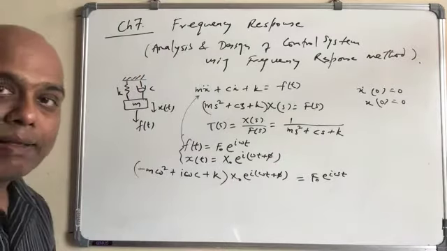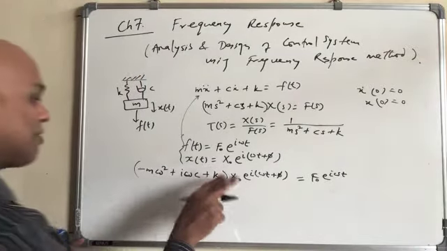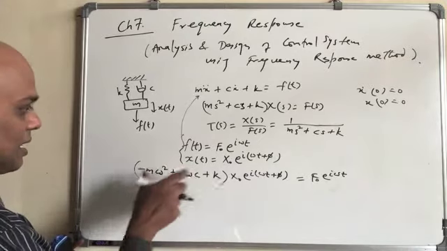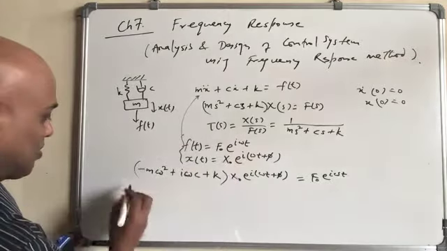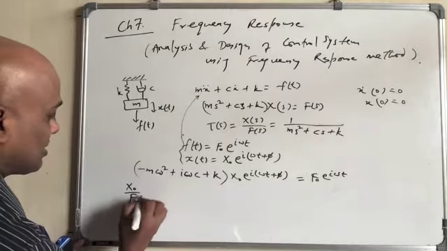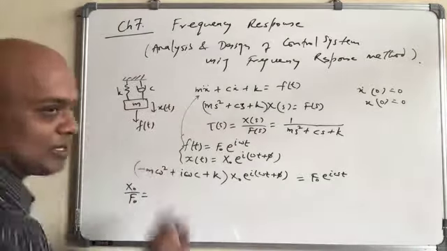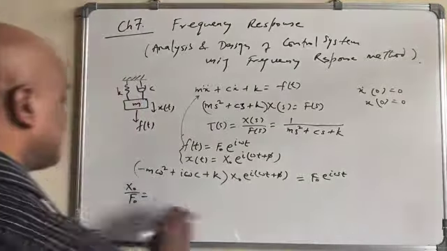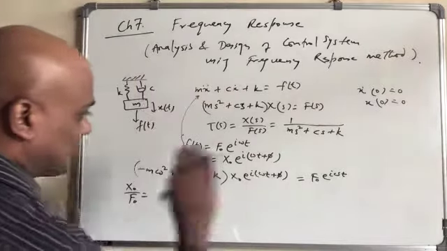And then from here, if you want to find x naught over F naught, this is a repeat of what you did during the vibration class. I'm just repeating it here so that it makes sense to you.